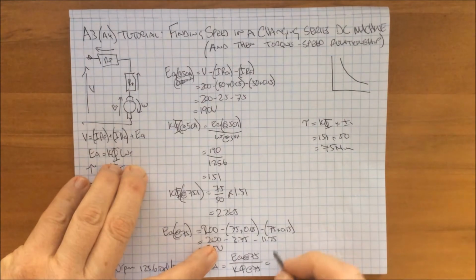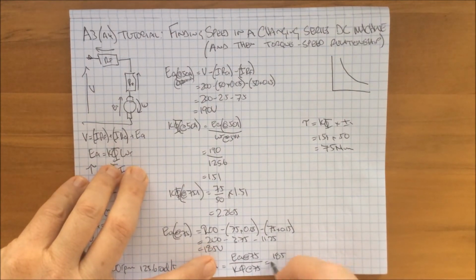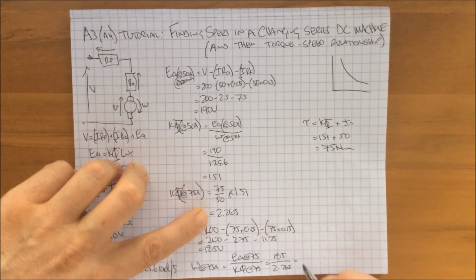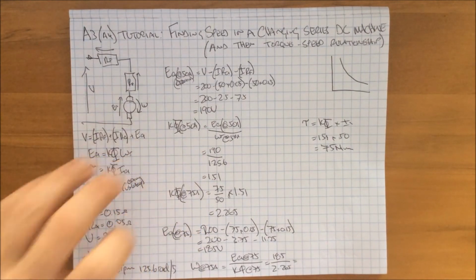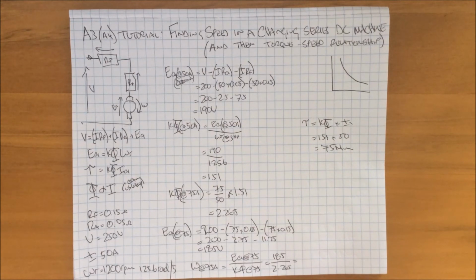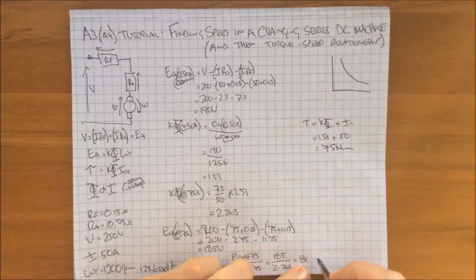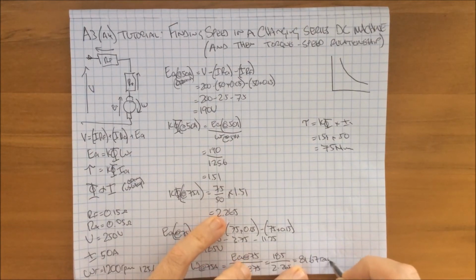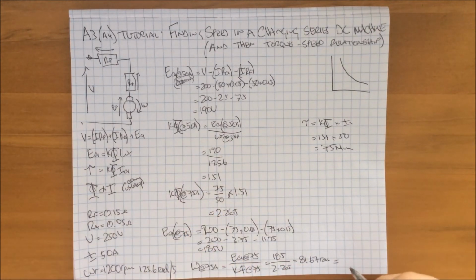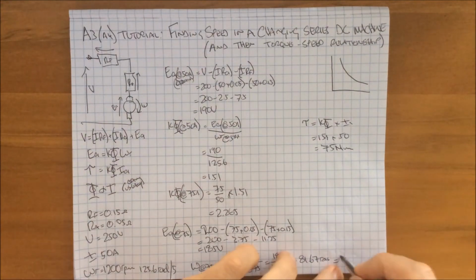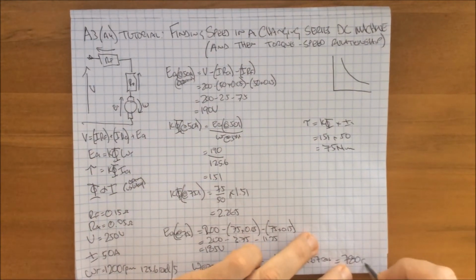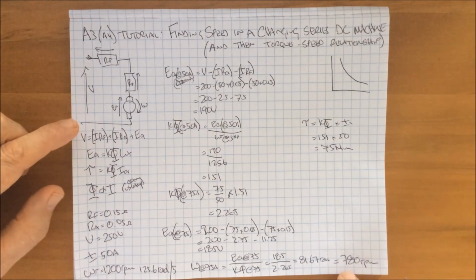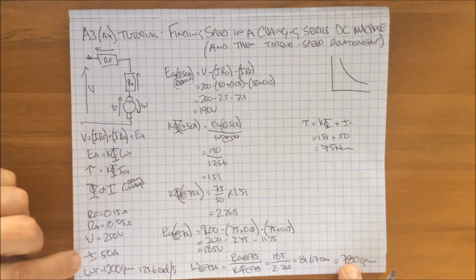So our new back EMF is 185, our new K phi is 2.265. That resolves down to 81.67 radians per second, which is the same as 780 RPM.